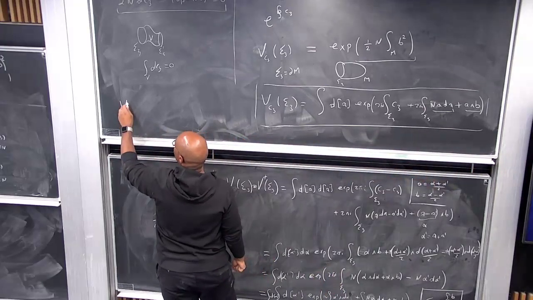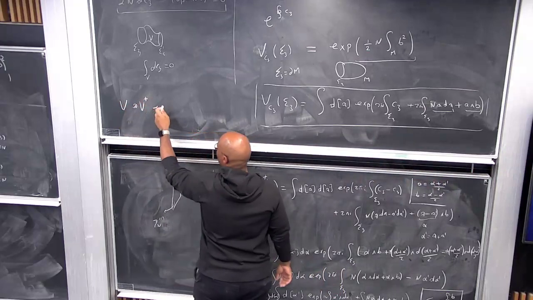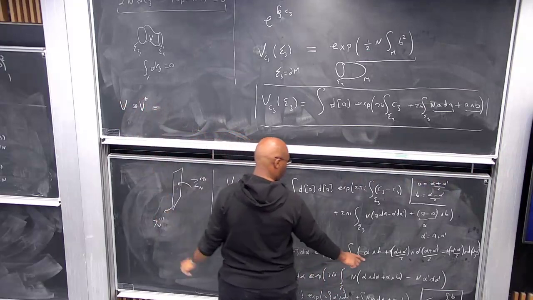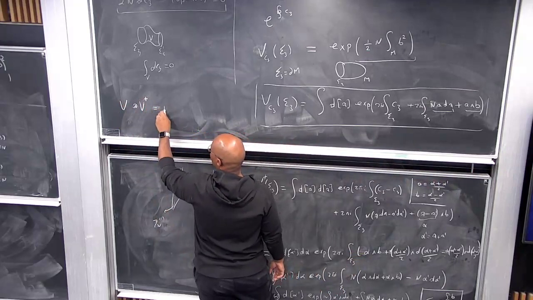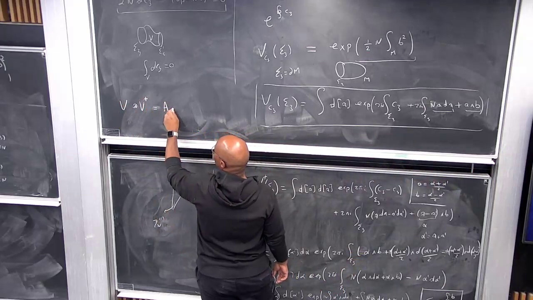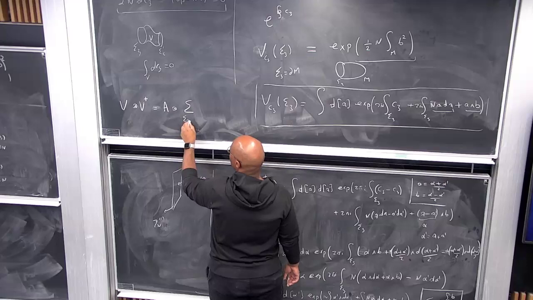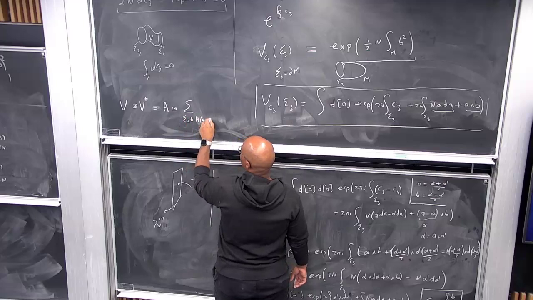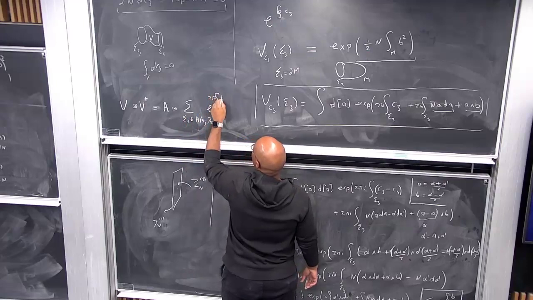V times V dagger is going to be proportional, up to some coefficients, to the sum over sigma 2 in sigma 3 of the exponential of 2 pi i times the integral of B over sigma 2.